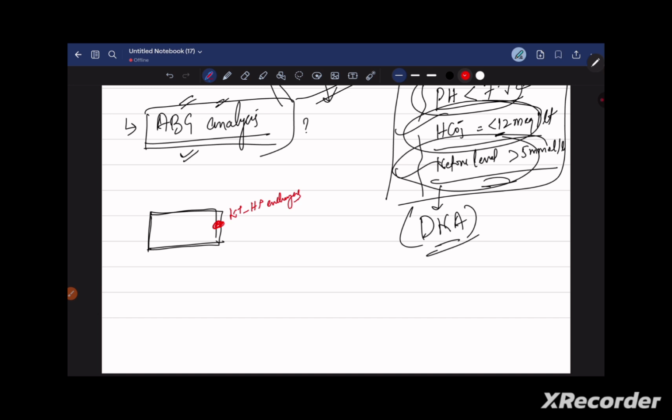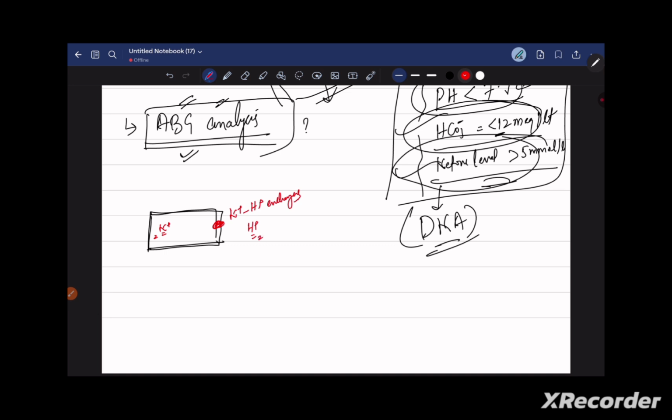Normally the potassium concentration inside the cells is more. This is the normal state: potassium inside the cells, and hydrogen outside the cells.